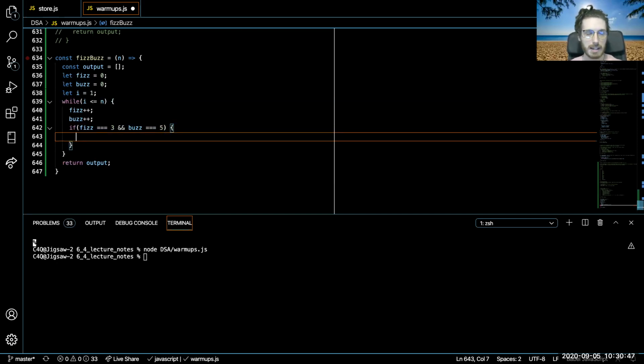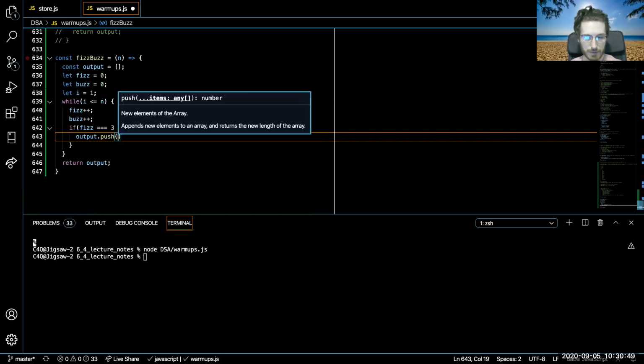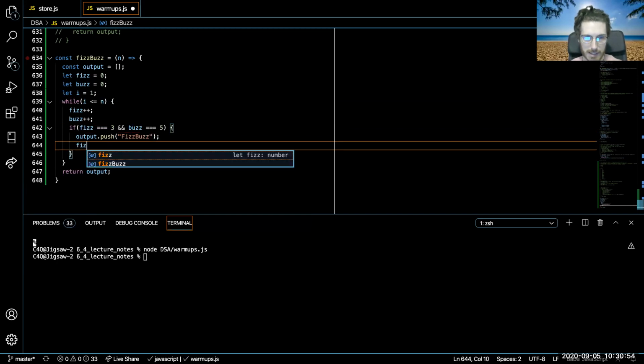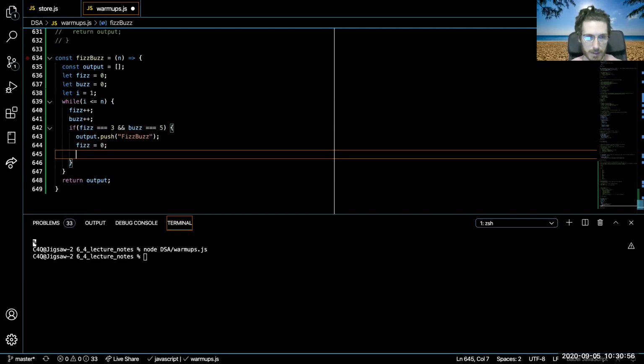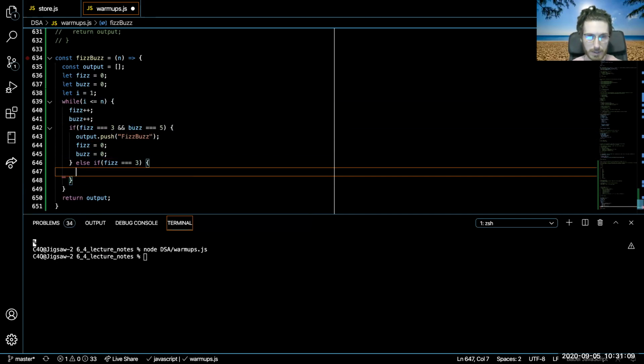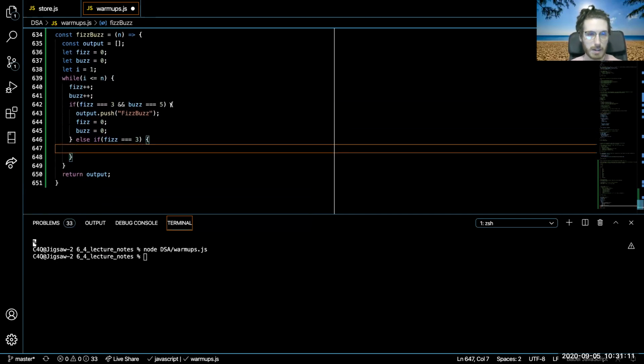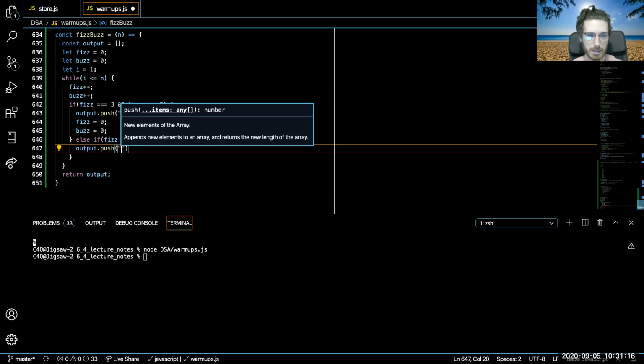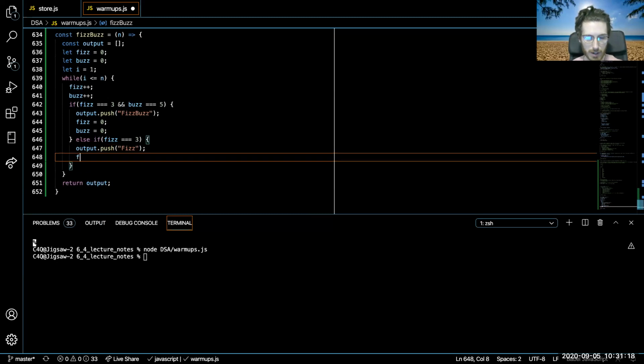Then we can say output.push fizzbuzz, and we can reset our variables like so. Then we can continue to do our other checks. So else if fizz is equal to 3, then we can go ahead and push our fizz and reset our fizz to 0.